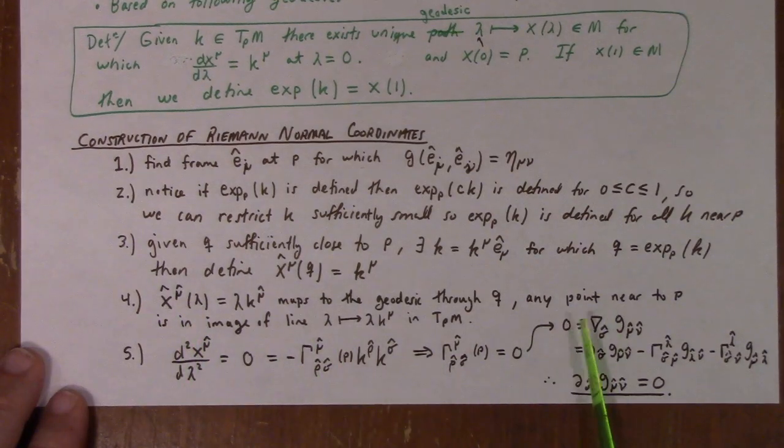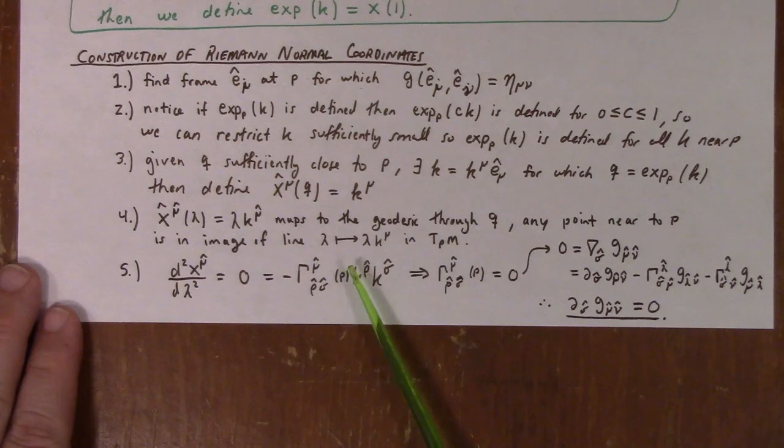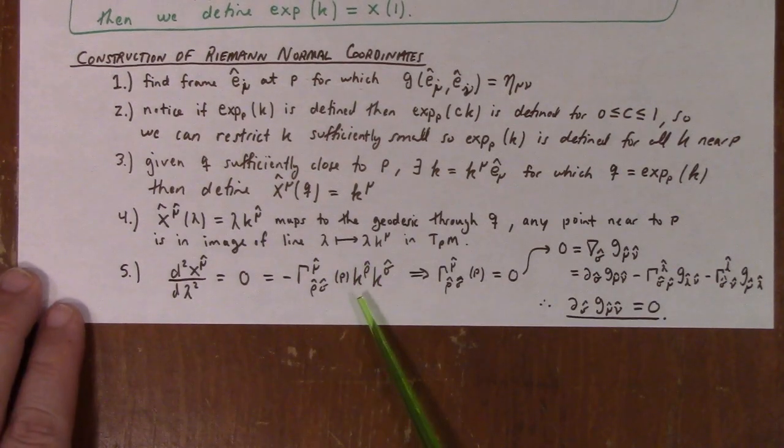If we differentiate this twice, of course we get 0. But on the other hand, since this is a geodesic, it satisfies the geodesic equation, which means that this is equal to that. But if this is equal to that, then lo and behold, the connection coefficients at P must be 0.